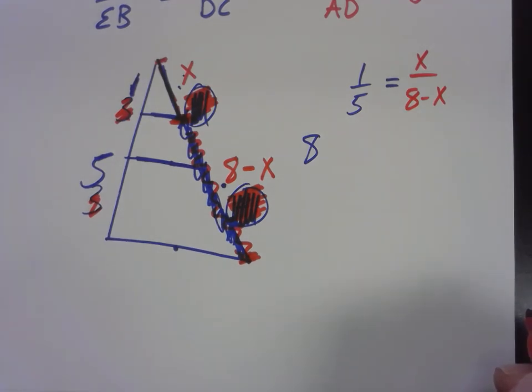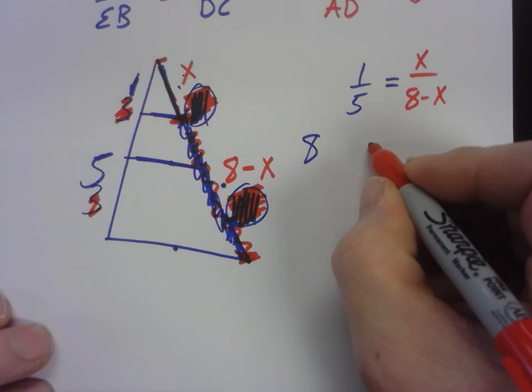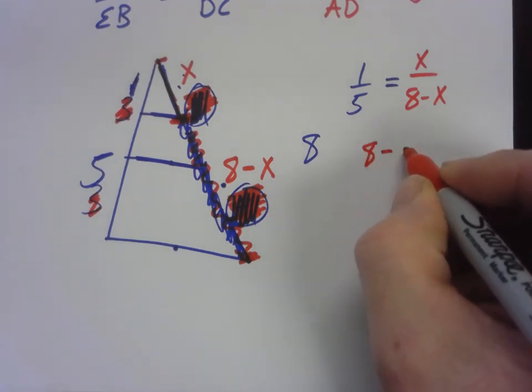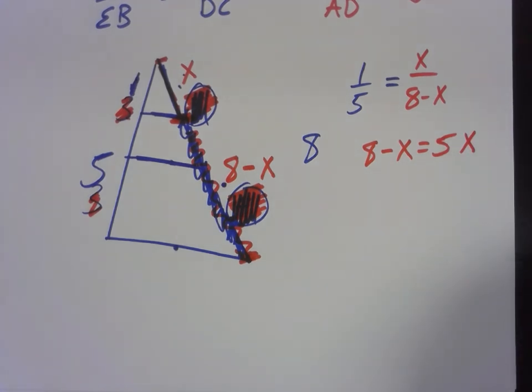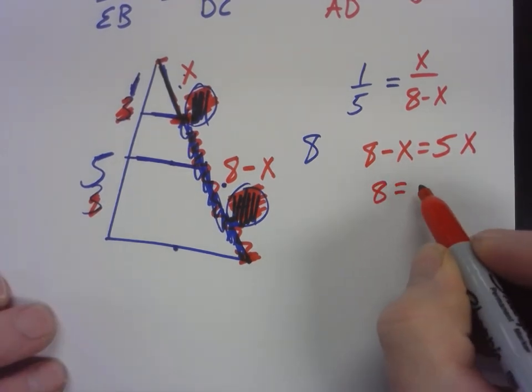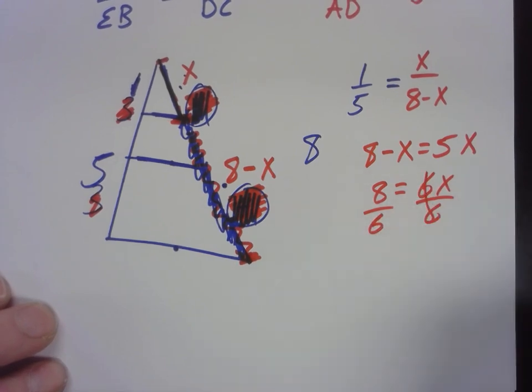Is this something you guys can solve? What do we get? Come on, you can all do it. How come I only heard one of you do it? Okay, so 8 equals 6X? 4/3?